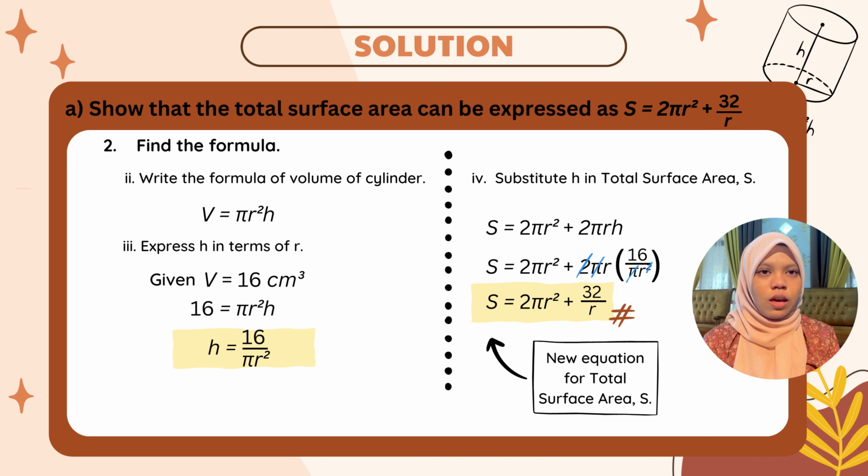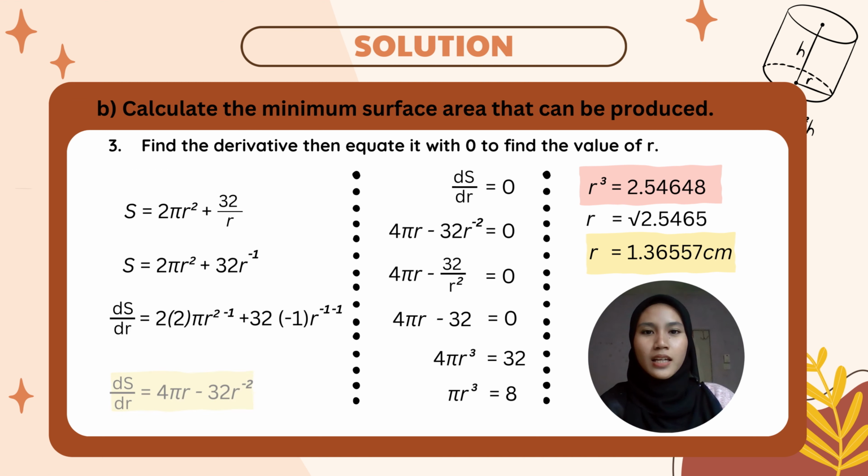After that, express h in terms of r. Given V equals 16 cm3, so h equals 16 over pi r squared. Lastly, substitute h in the total surface area, then simplify it.